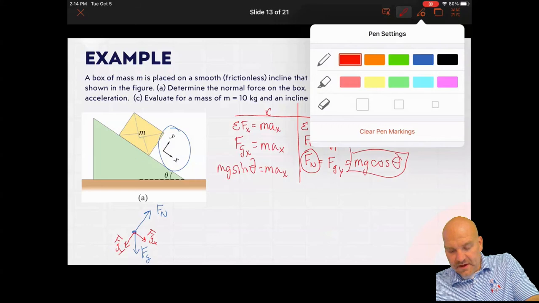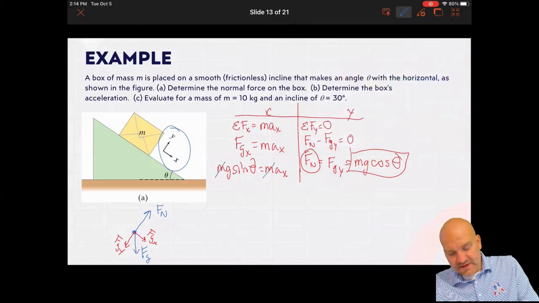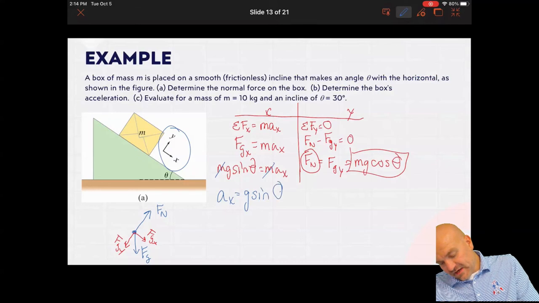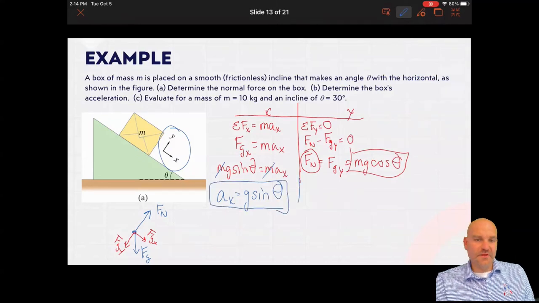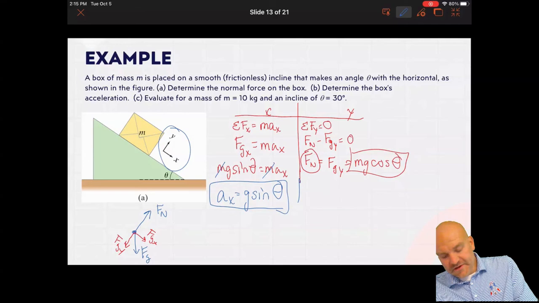But notice what happens: same mass, and so my acceleration down the incline is just g sine theta. If you've done anything with things going down an incline, you could actually find g if you know the angle. Now I'm going to evaluate for a mass of 10 kilograms and an incline of 30 degrees.